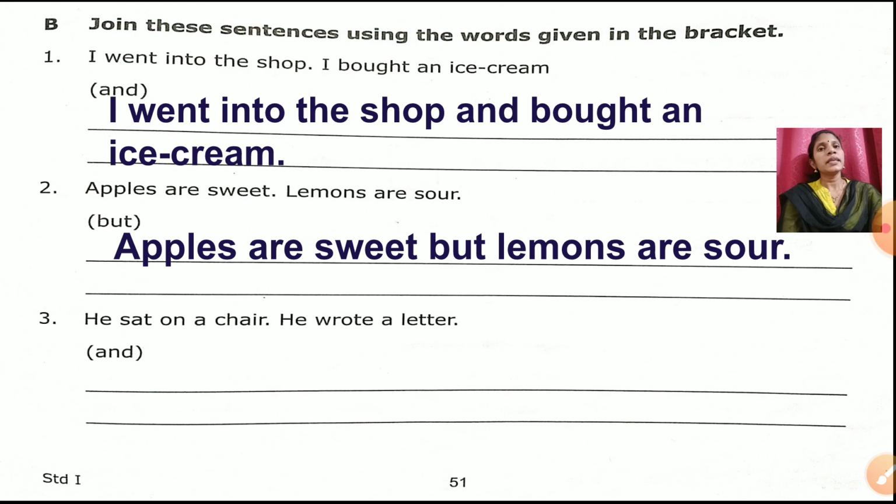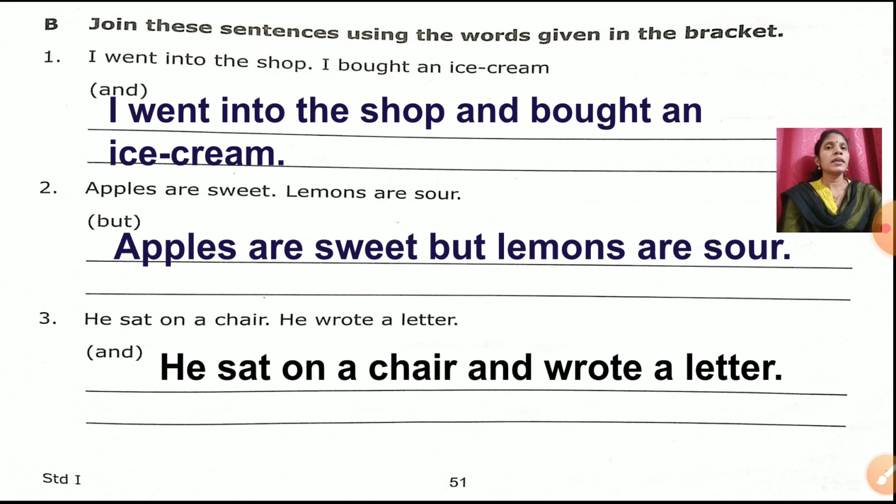Now, he sat on a chair. The next sentence is he wrote a letter. Ideas are similar. He sat on a chair and wrote a letter.